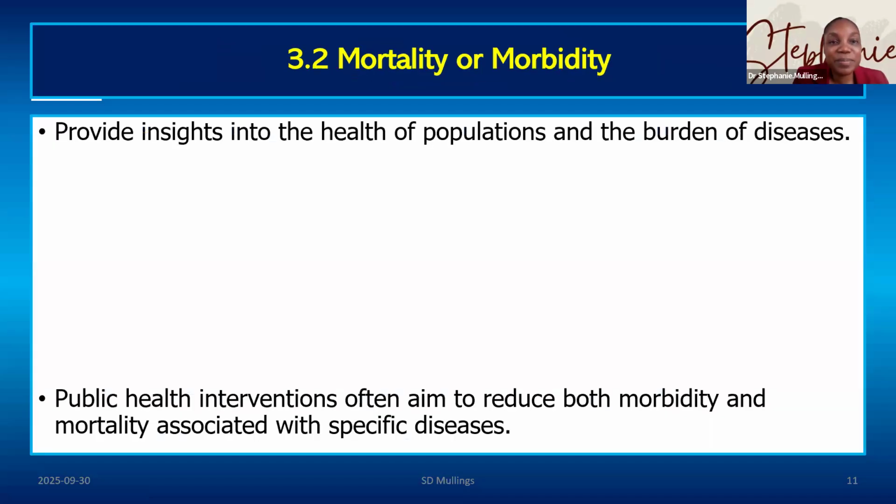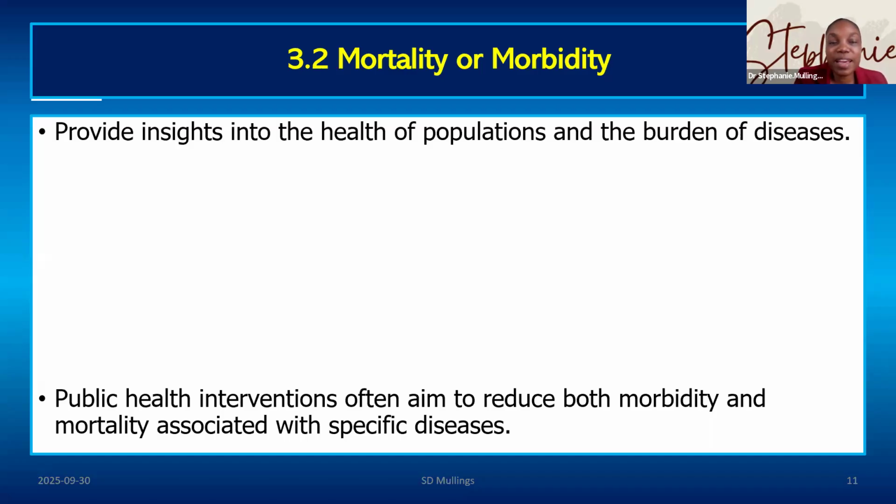All right, mortality or morbidity. As we look at the health of our population and we recognize that public health and epidemiology really has a focus on the population, we look therefore at what conditions, diseases, and programs can be implemented to reduce mortality and to reduce morbidity in our population.